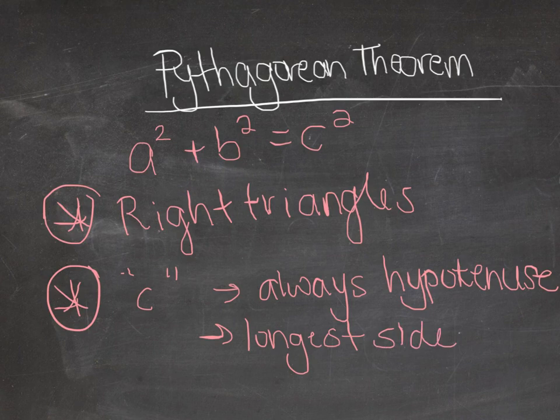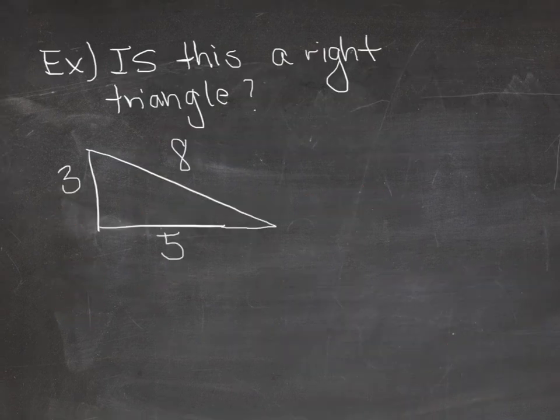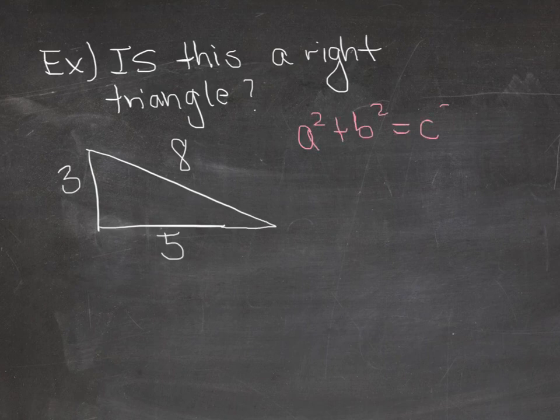So let's look at an example and see if we can determine whether a triangle is a right triangle or not. If a triangle is a right triangle, it must satisfy the Pythagorean theorem. So we can check to see, does it satisfy a squared plus b squared equals c squared? Here my longest side is 8, so that could potentially be my hypotenuse, so that goes in for c.